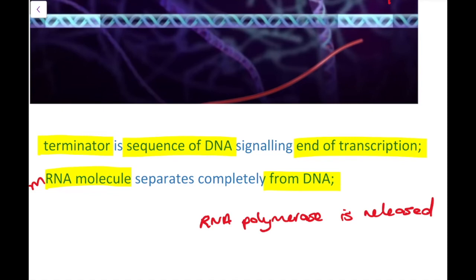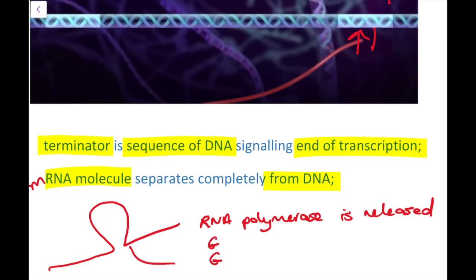Now, anybody wondering how does it know to detach? What happens is, in some cases, a loop is created. At the end of the gene, in the region of the terminator, there are lots of G's and C's which are transcribed, and these G's and C's come back together and bond together.